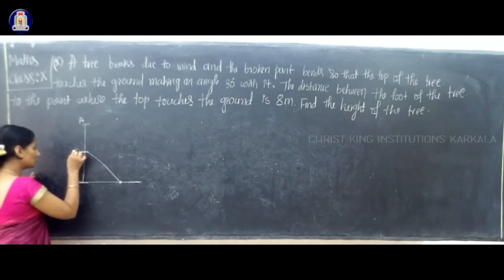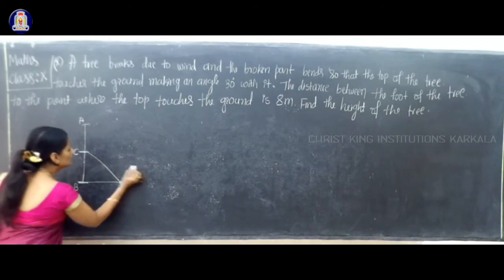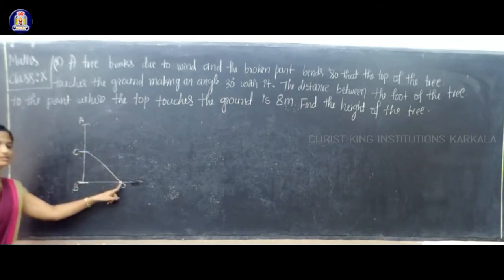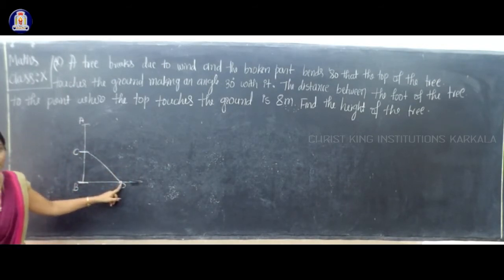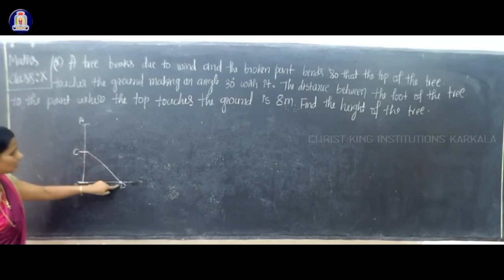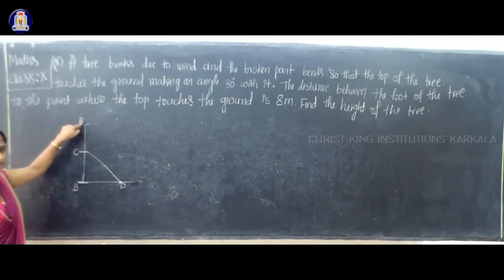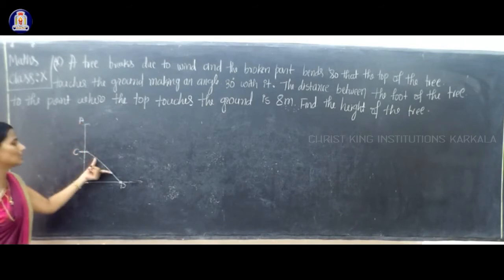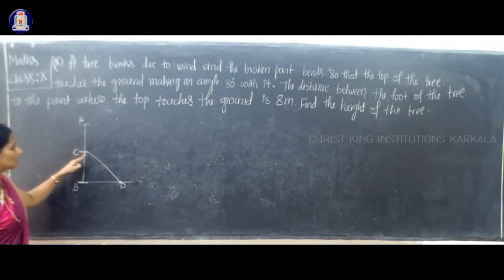So now I will take this as C and D. So what is your CD? CD is the broken part of the tree. Is CD equal to CA? Yes. Whatever length CA, that same length is the broken part. Correct no? So AC is equal to CD.